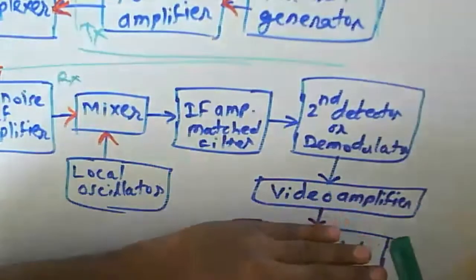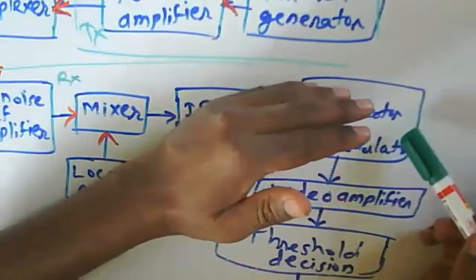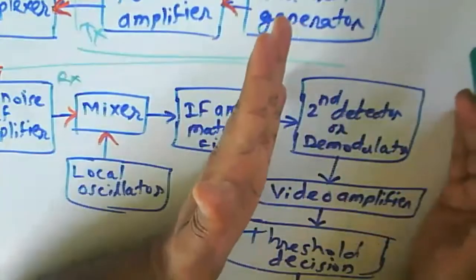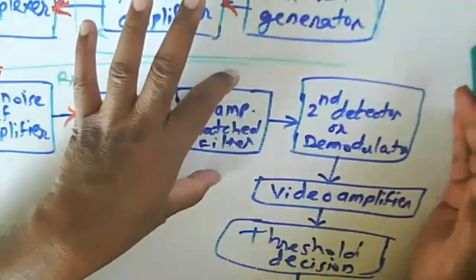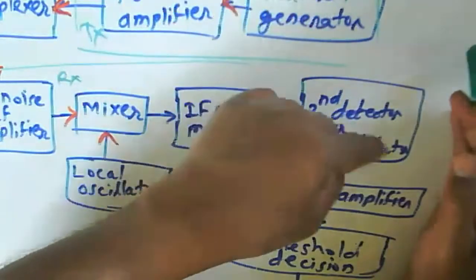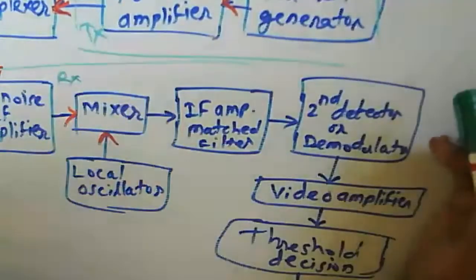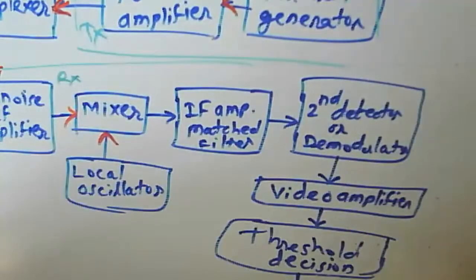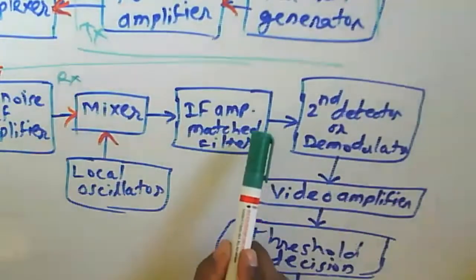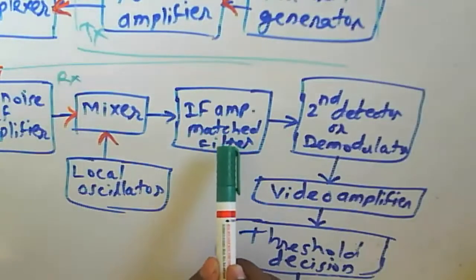Now the role of the video amplifier and the detector is different. The detector is like this: we have a pulse, the carrier is to be removed, and whichever pulse we are sending is to be detected here. So the role of the detector is that of a demodulator. Okay, so what will be there in the matched filter?